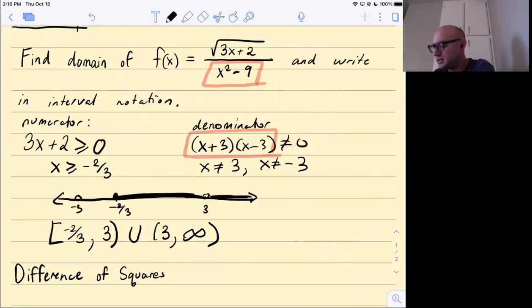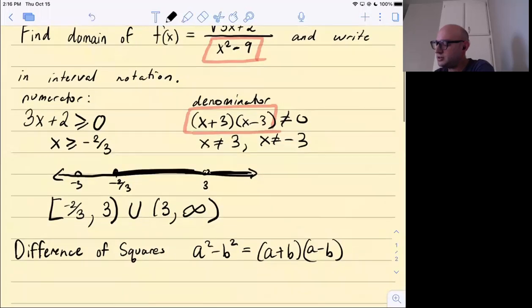If you have a squared minus b squared, you can rewrite this as a plus b times a minus b. And if you FOIL it out, you see why it happens.